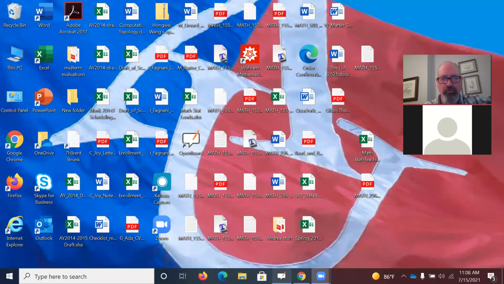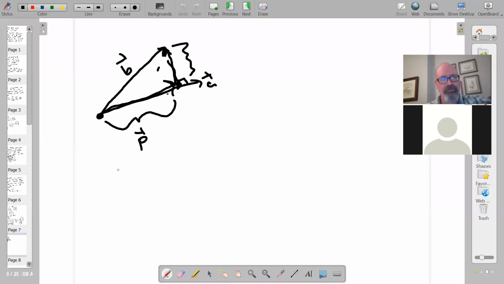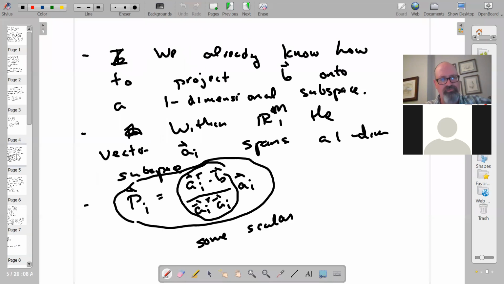It's pretty reasonable to think that whatever you think of P being, P is a scalar multiple of A. And so what scalar multiple should it be of A? It turns out that it's this scalar multiple of A. So that's the scalar. The numerator and denominator are just the dot products that we defined a couple days ago.